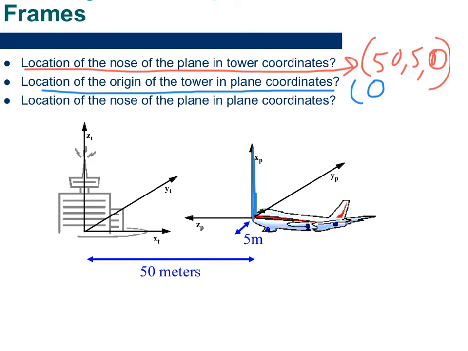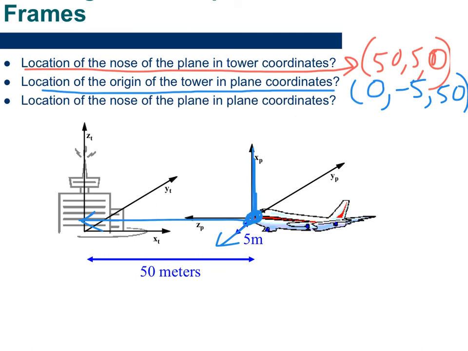The origin of the tower is closer to us than the nose of the plane, so it's 5 meters in this direction, but that's the negative y direction. So we have to say -5 here. And then for the last coordinate, we start at the nose of the plane, and we need to go 50 meters along the positive z-axis. So that's 0, -5, 50.